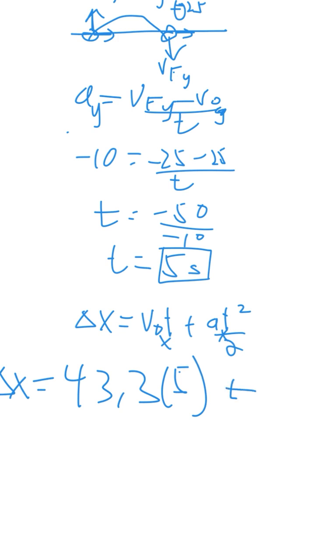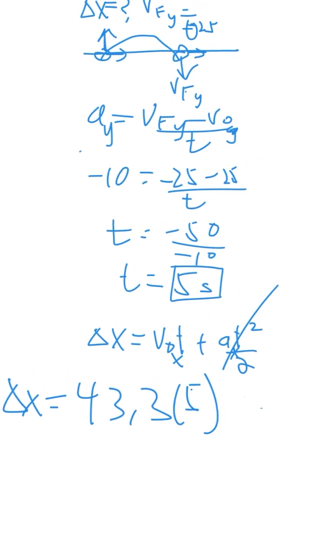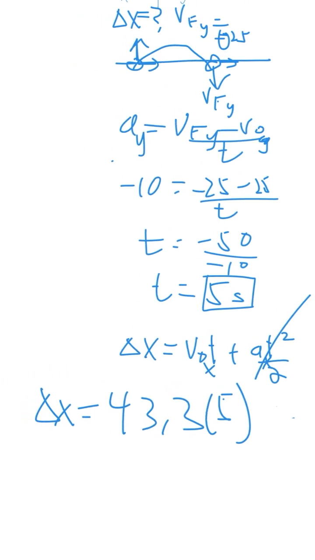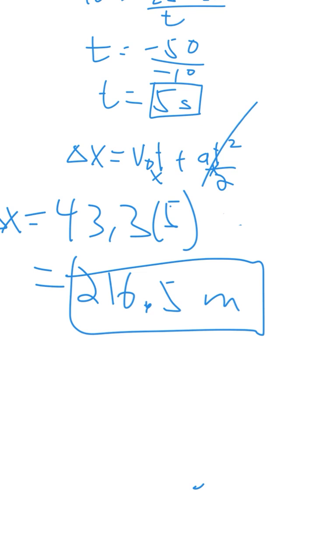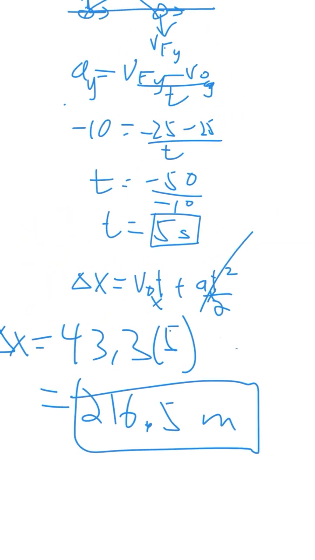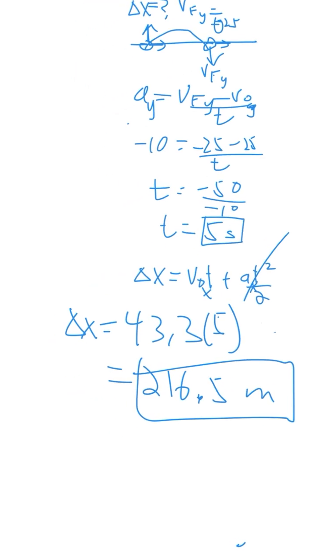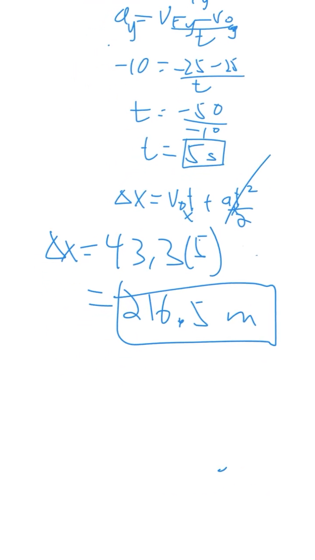AX is 0, so it cancels that whole thing out. I don't need that. So 43.3 times 5. Okay, so I'm sorry, what I did was I calculated the time, and I calculated the distance right there. Okay.